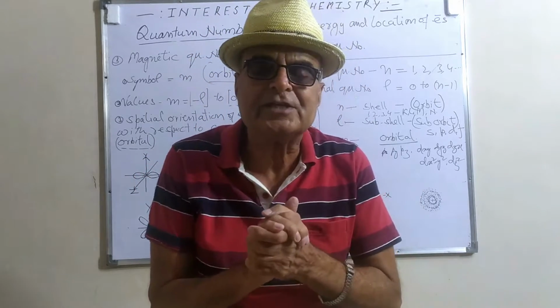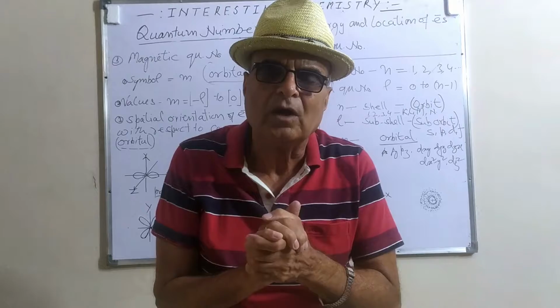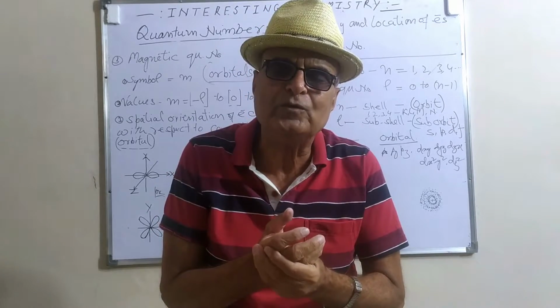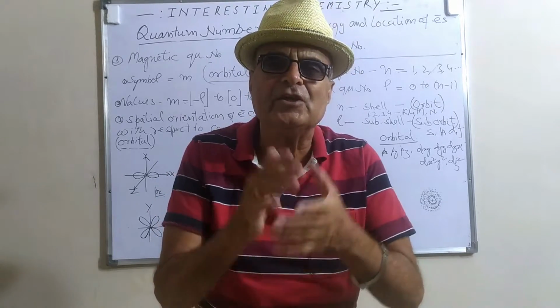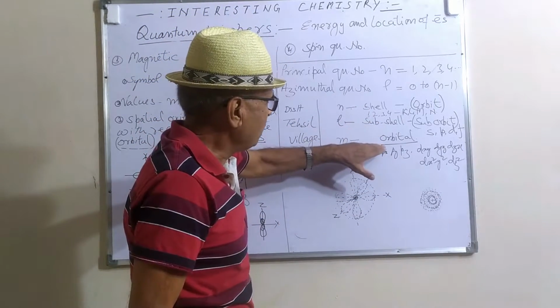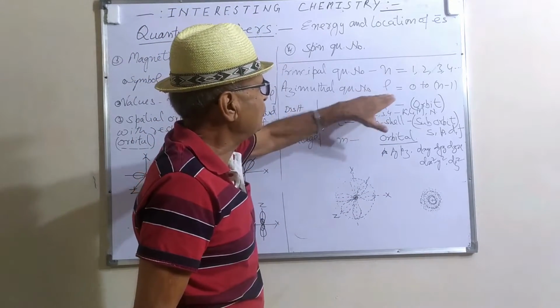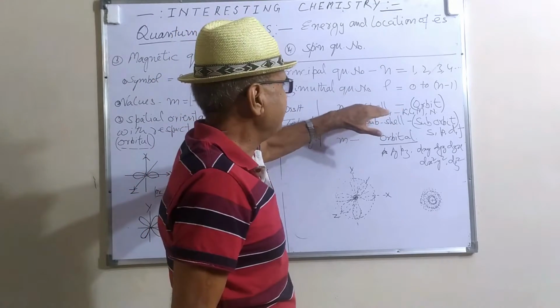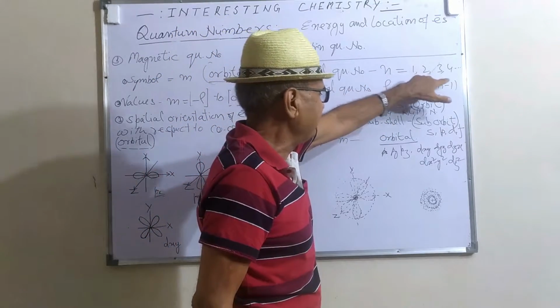So these are the orbitals. Now I will tell you how you will find the value of these subshells and orbitals in a particular shell, whether it is 1, 2, 3 or 4.